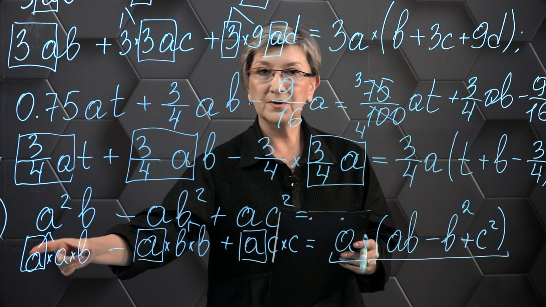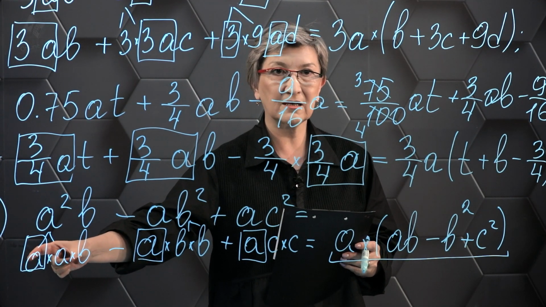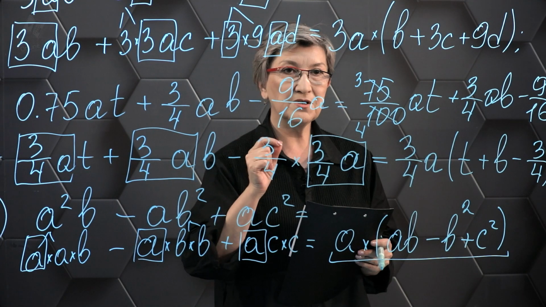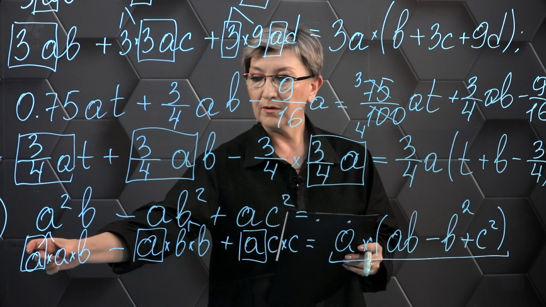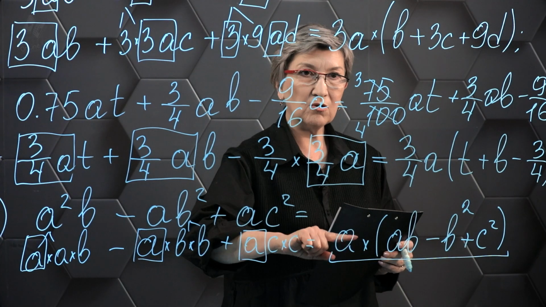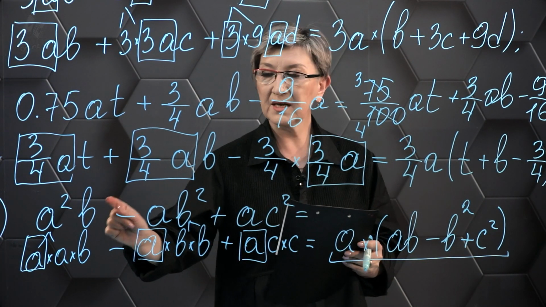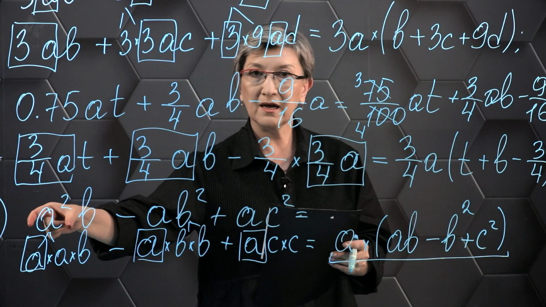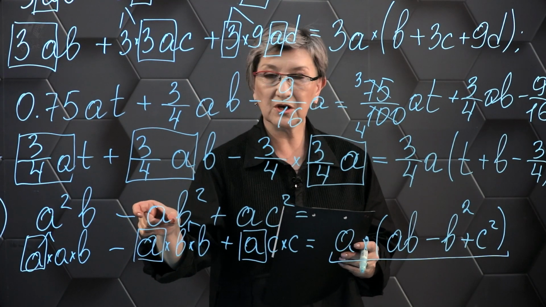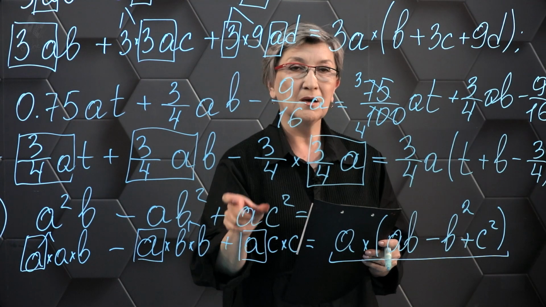As a result, we have also decomposed this expression into a multiplier. But to avoid writing the degree as the product of several multipliers, let's take note of the fact that in our summands, we have taken out the common multiplier, which is equal to a. I want to draw your attention to the fact that in the first summand a is in the second degree, in the second summand a to the first degree, and in the third summand a to the first degree.